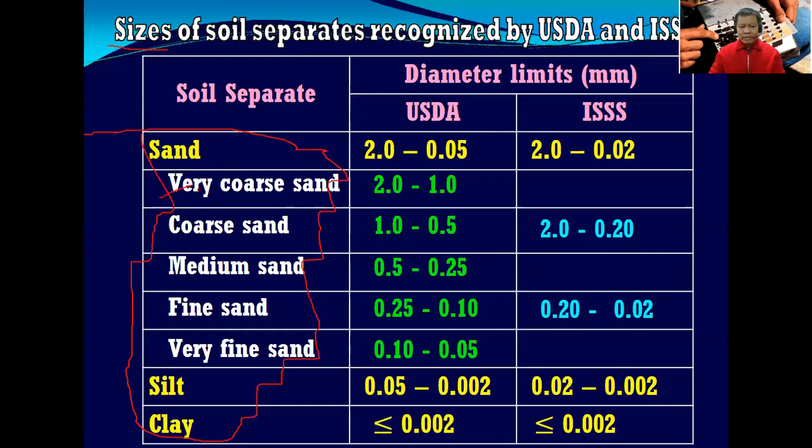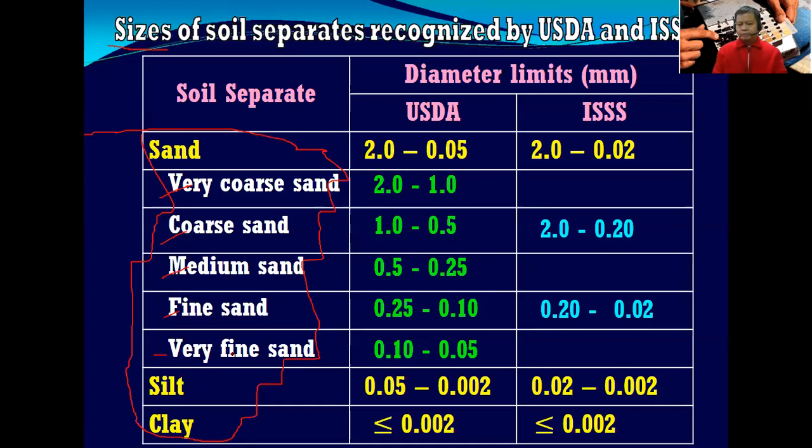Coarse sand is larger than medium sand. Medium sand is larger than fine sand. And very fine sand is smaller than fine sand. Or it can be reversed: clay is smaller than silt, silt is smaller than very fine sand, so on and so forth.